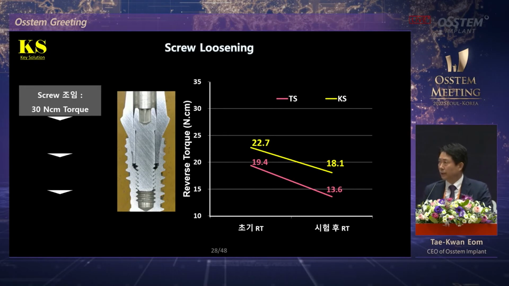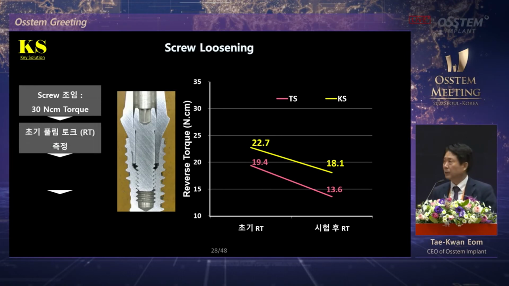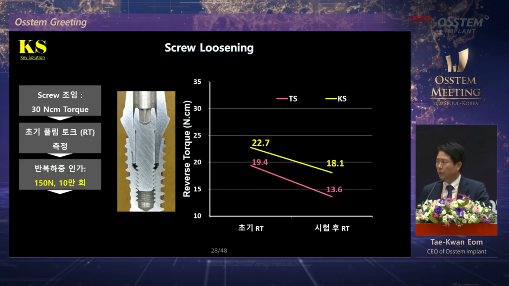So screw loosening. 30 Newton centimeter is used to tighten the screw to compare TS and KS. KS, the value is higher at the initial and after test. The slope is important.